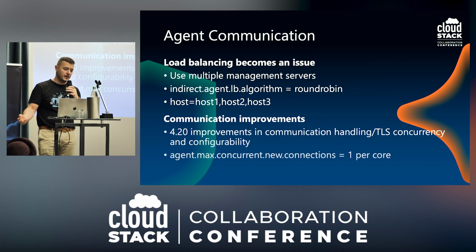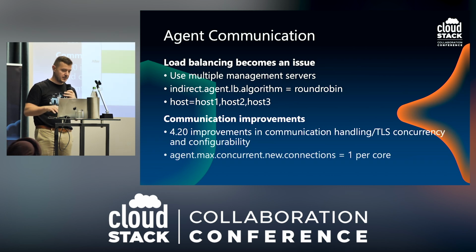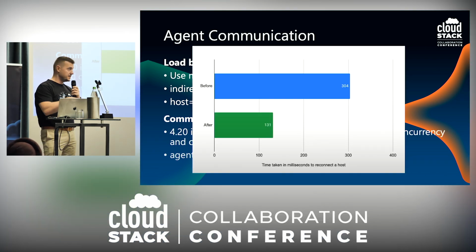Meaning one server can manage multiple connections at a time, which actually yields some drastic results. After these changes that we did in 4.20, we actually see more than a 50% increase in managing and establishing these connections.